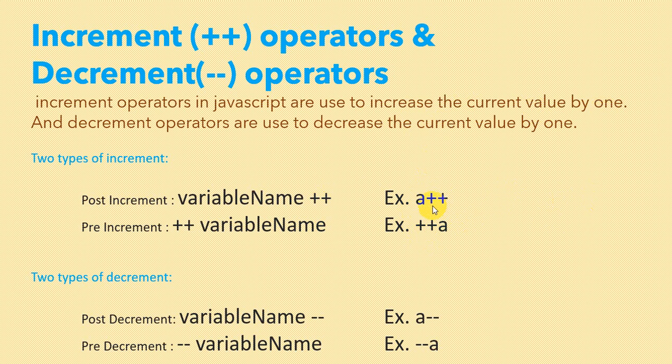And what is meant by this operator? This is nothing but the increment operator, but this operator is used after the variable, which means post. Am I correct? After means post, so first we have the variable name, then we have the operator. So it's called the post increment.